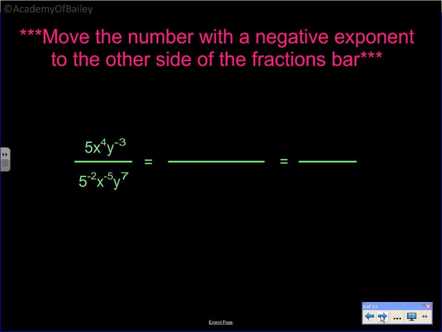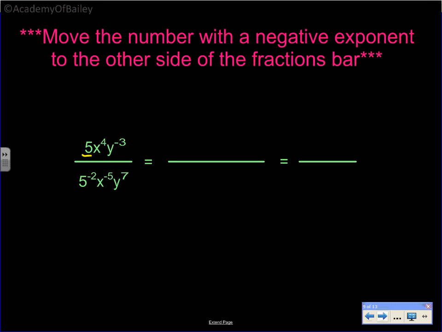All right, if we look here, move the number with a negative exponent to the other side of the fraction bar. This type of problem is where that thought process comes in handy a lot. Okay, well, let's look here. We're going to have to go step by step and look at these numbers.